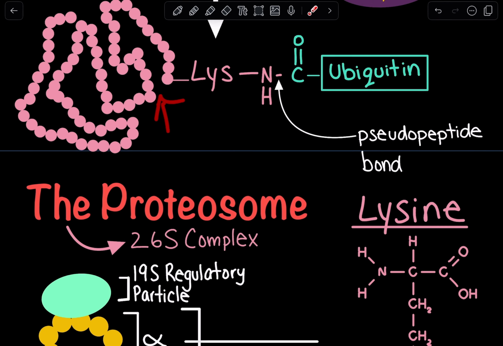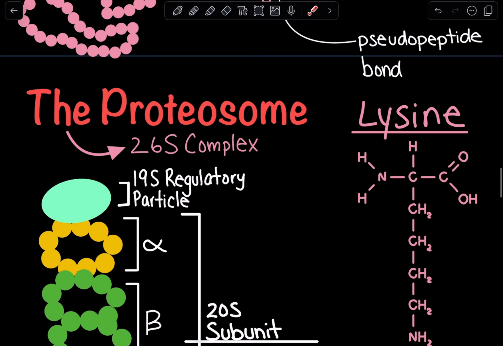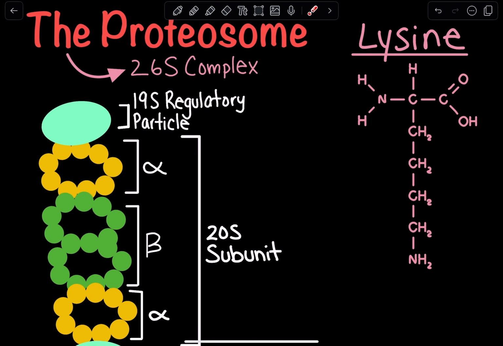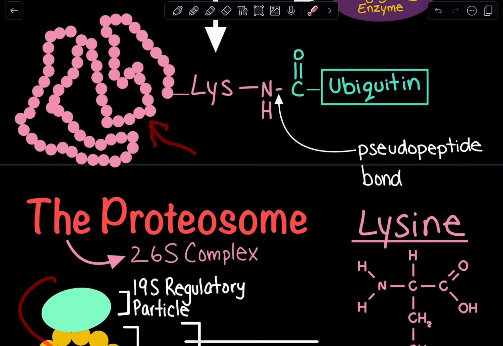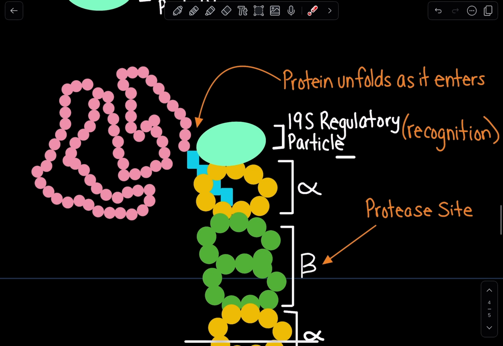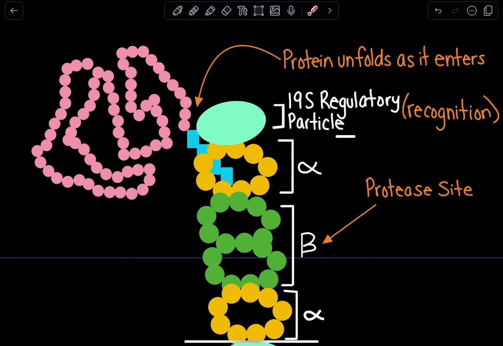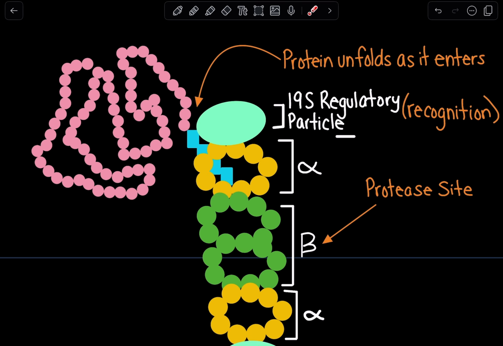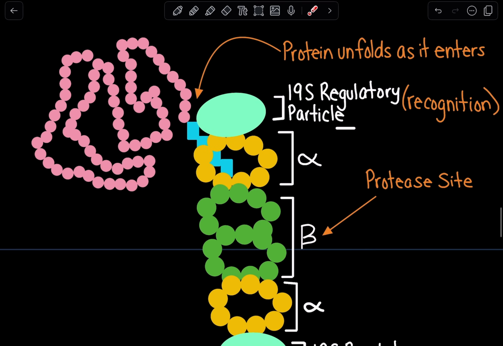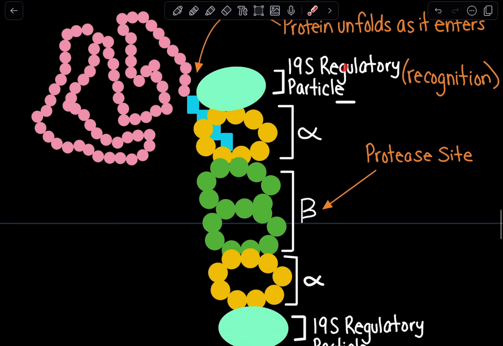It recognizes the protein. And the protein enters our 20S subunit. As it enters the 20S subunit, it will unwind. And we can see that over here. So the protein is unfolding as it enters the alpha and beta subunits of our complex.